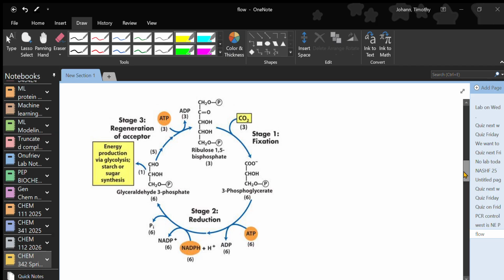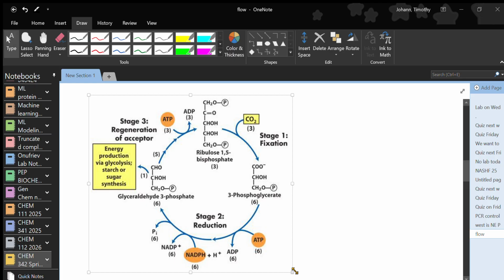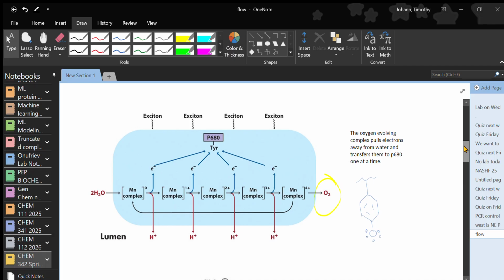So, tyrosine. What I really think is cool about tyrosine is it can make these stable radicals. And so we see that here where it's useful, right? What you've got is P680 oxidized, right? P680 oxidized is this for your tyrosine. It picks up an electron. If you excite it, it gives up that electron.